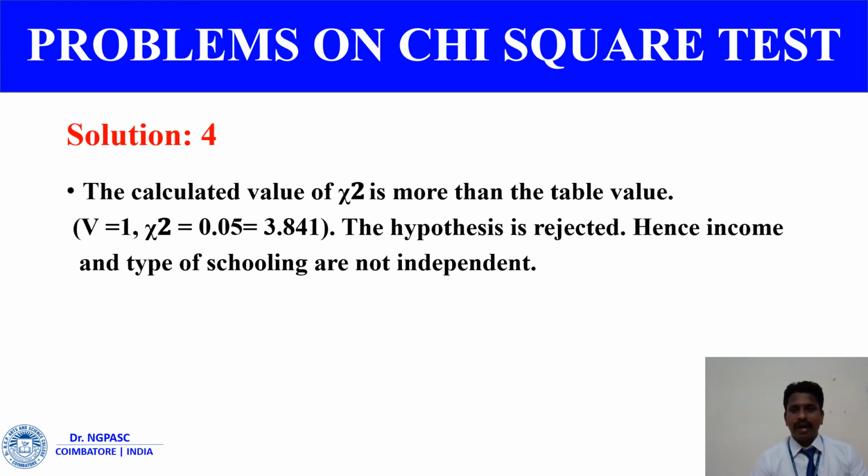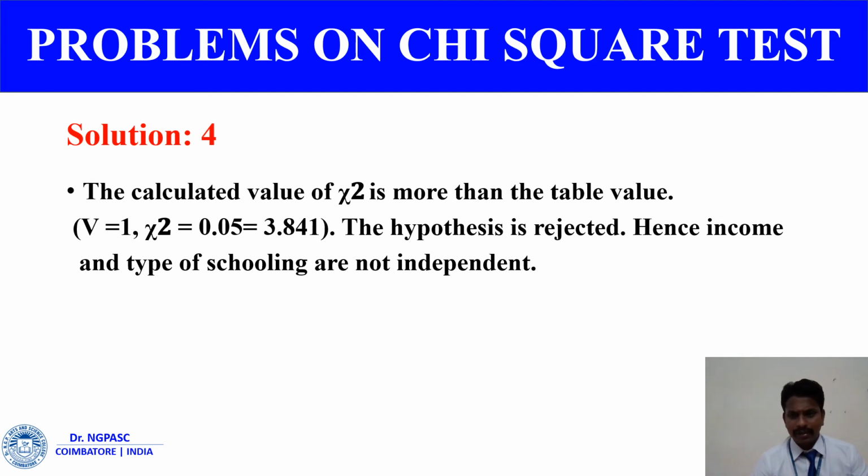The calculated value of chi-square is more than the table value. The number of degrees of freedom V equal to 1. In a 2 by 2 contingency table, the degrees of freedom equal to (row minus 1) into (column minus 1), 2 minus 1 into 2 minus 1, multiplication of 1 into 1 equal to 1. That is V equal to 1.